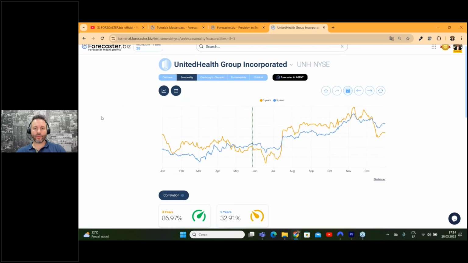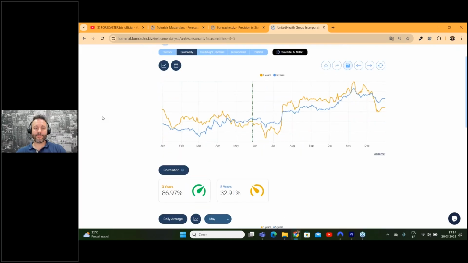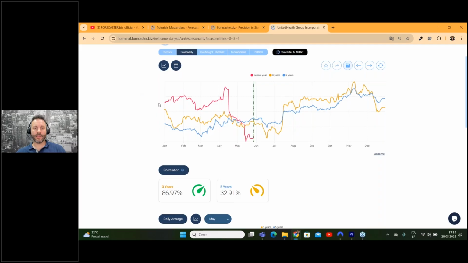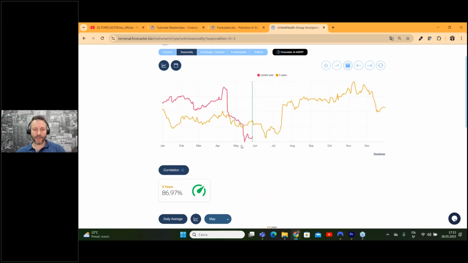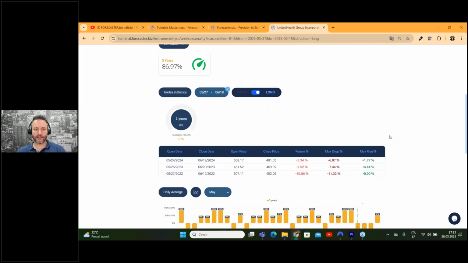And what is interesting is that thanks to the correlation, we have a specific idea of what we can expect from the future, okay? Because, for example, in this moment, we know that prices are moving like they did on this seasonality, the 3-year seasonality. So, for example, starting from today until the middle of June, let me check if we can be more precise, perfect.